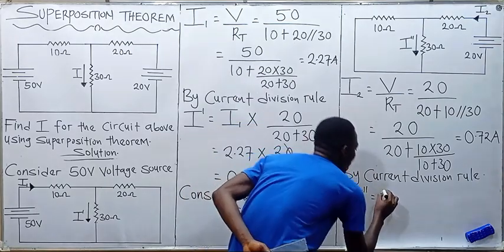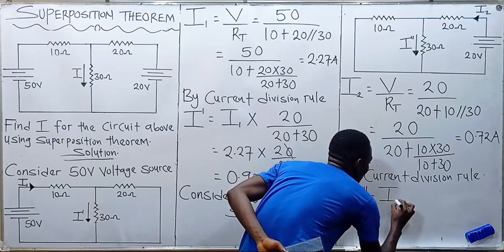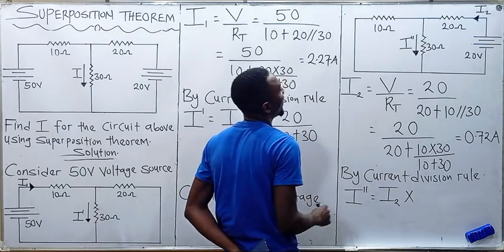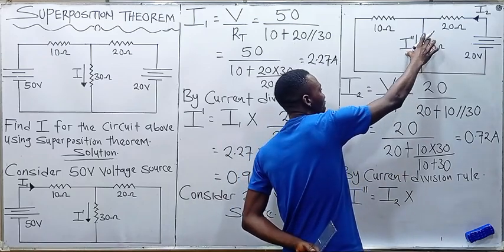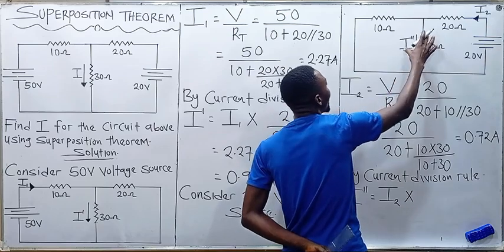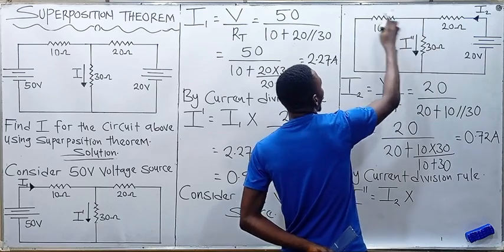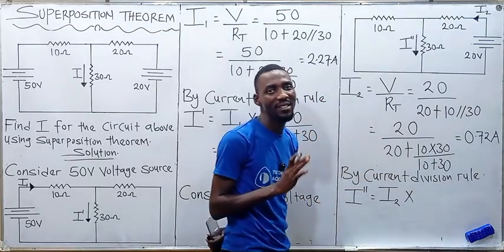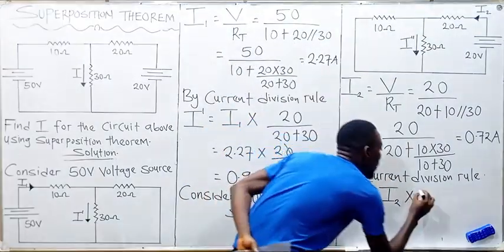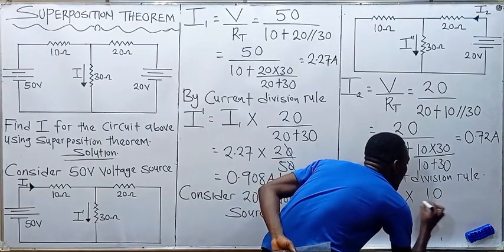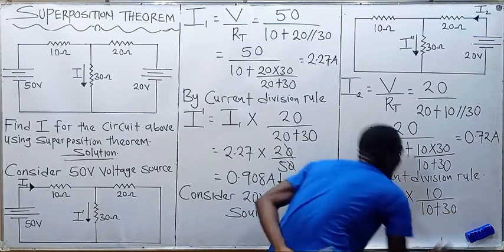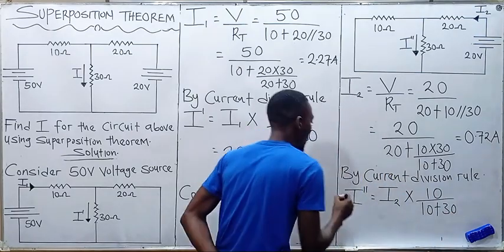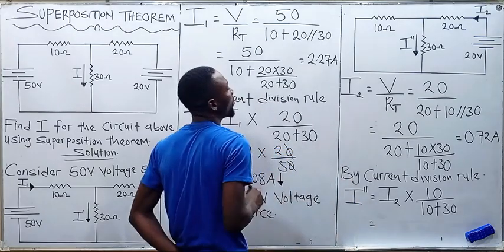It's going to be equals to I2, which is the total current entering, and then what is the branch that is parallel to this branch here? So it is 10, right? So this is going to be 10 all over 10 plus 30, right?